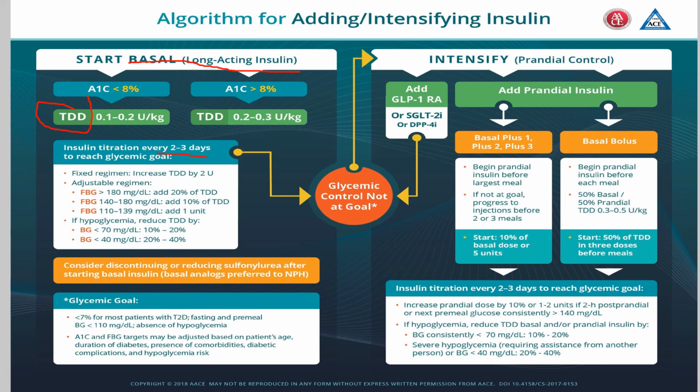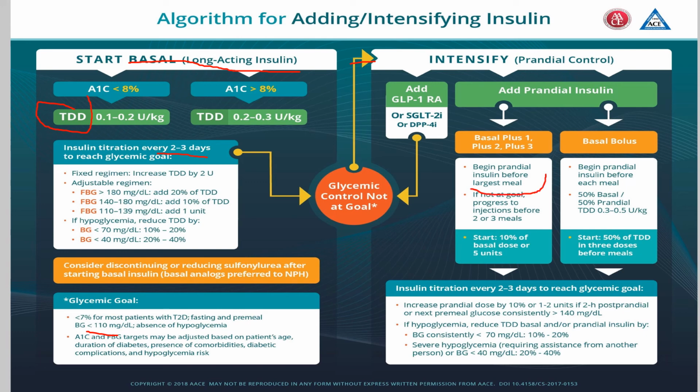So a glycemic goal for most patients with type 2 is to get them below 7% A1C and fasting and premeal blood glucose below 110. And then this is moving over for intensifying when you add a bolus of insulin.